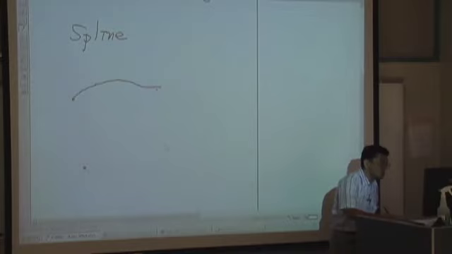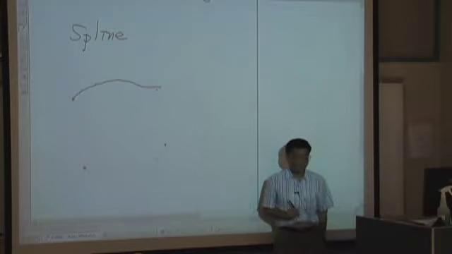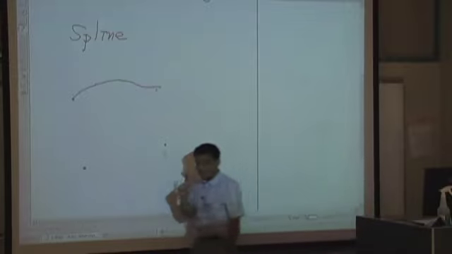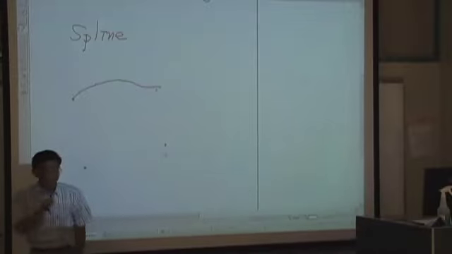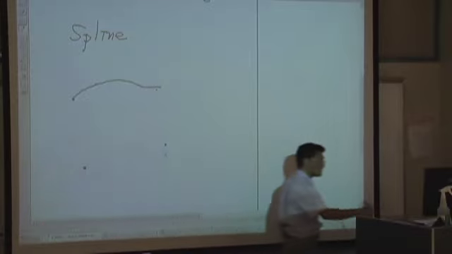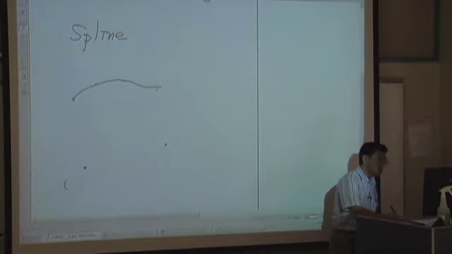Spline is this. Assume that you have 4 points, then you can find the cubic function passing through these 4 points, right? But assume that you have 2 points, then you can find the line, right? But now we want to add more conditions. What kind of conditions are possible? In other words, we know the x1 point and the y1 position.